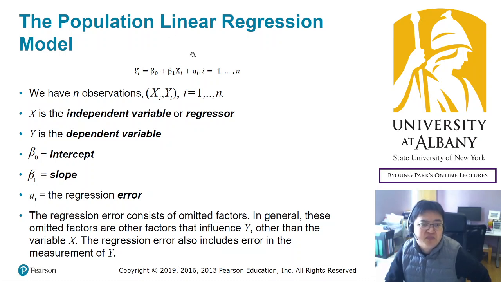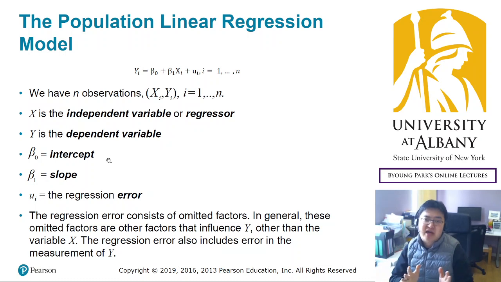In that case, you are looking only for beta 1. So beta 0 does not play any role. You don't need to know it to answer that question. So in that sense, beta 0 will get less attention than beta 1. Most of our analysis, most of our attention will be devoted to beta 1.